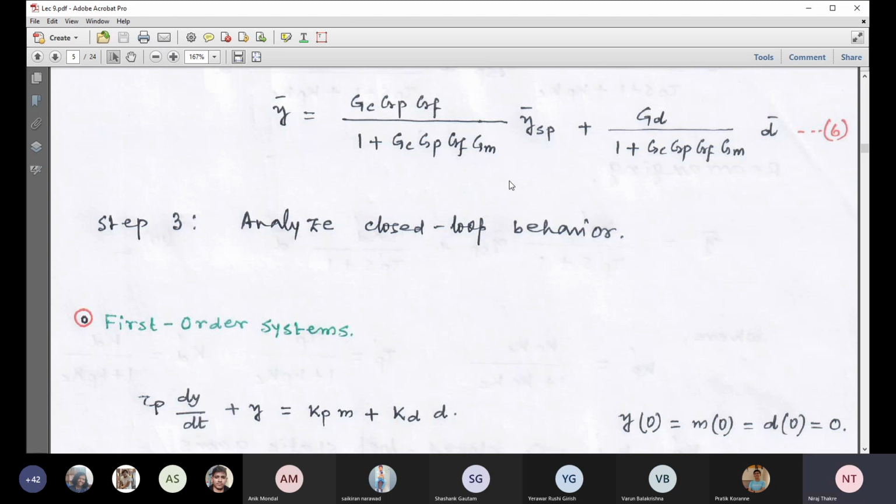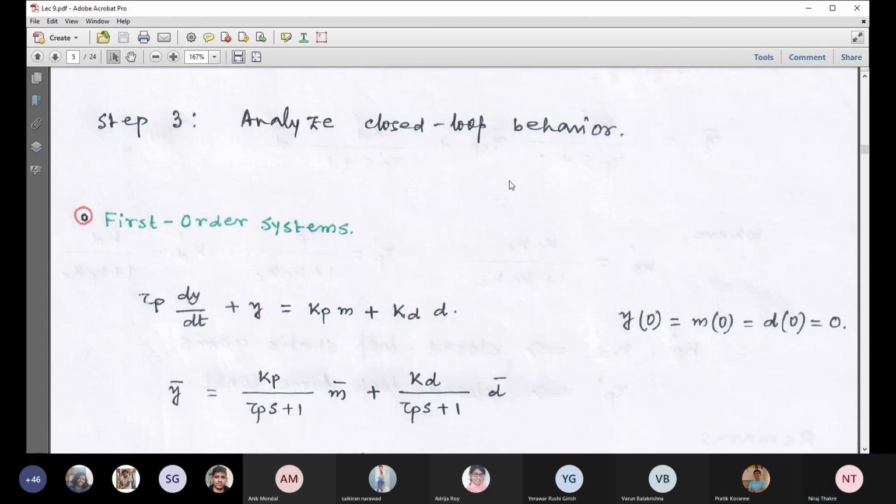Sir, KP is a process gain with reference to the manipulated variable. Okay. So then KD must be the gain with reference to the disturbance variable. Yes, correct. So KD here is the static gain with reference to disturbance.